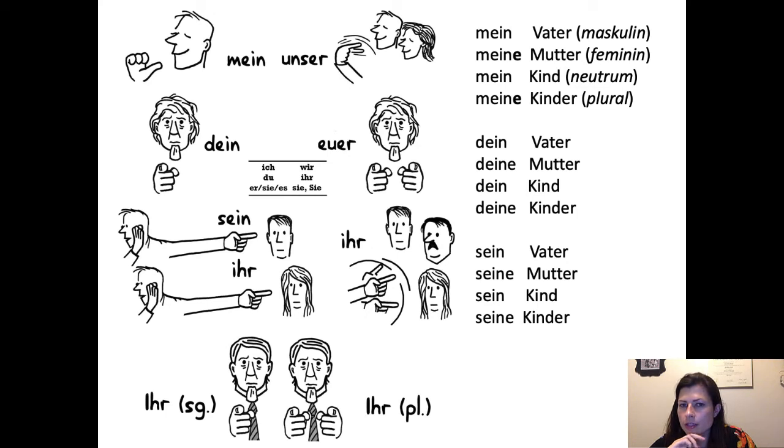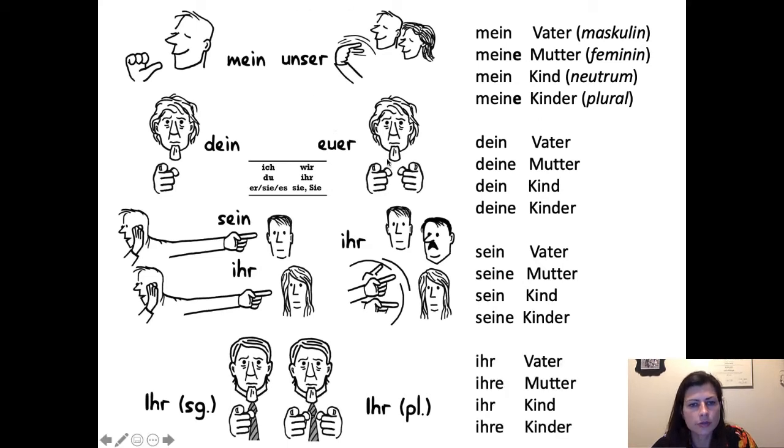One tricky thing here, as well, is that sein is also a verb that means to be, but it's used very differently. This is a possessive, it's going to have the noun coming after it. So just note that sein means his in this context, but in other contexts may mean the verb to be. And then ihr Vater, ihre Mutter, ihr Kind, ihre Kinder, that's referring to this one, she, right? So her father, her mother, her child, her children.